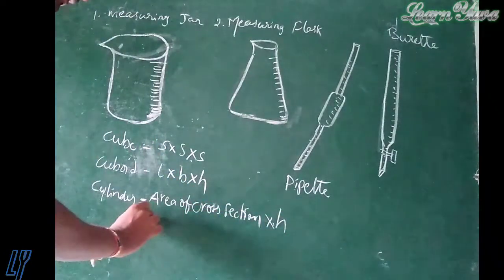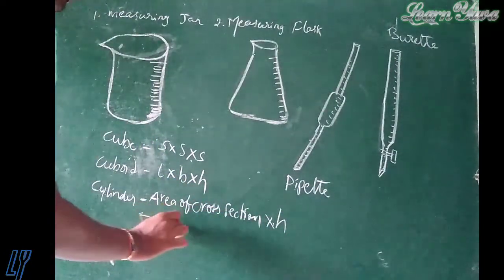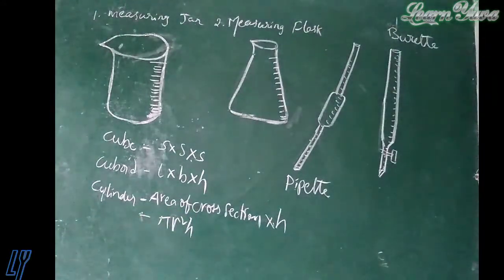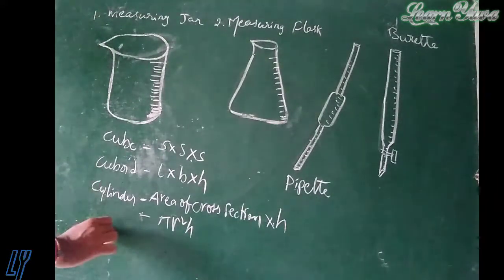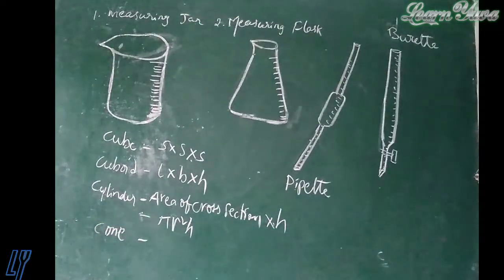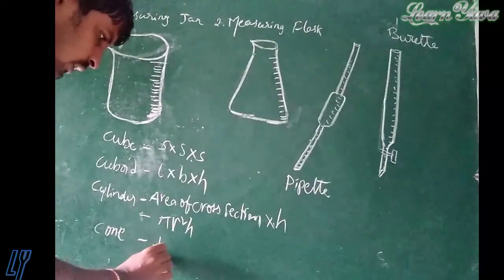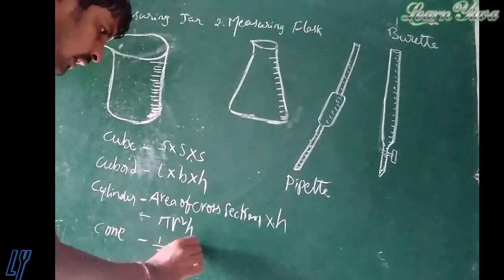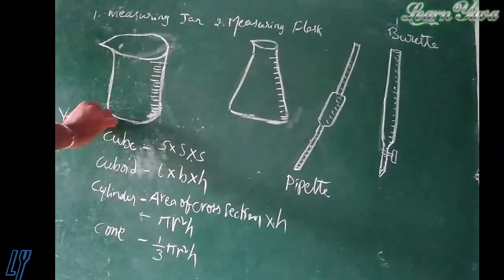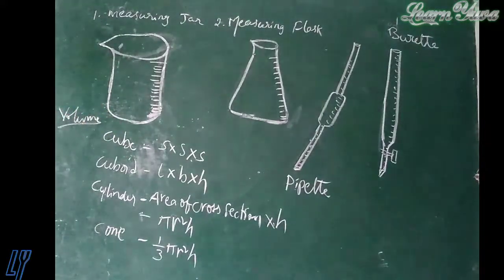We write that as pi r square into h, since pi r square is the area. The volume of a cone is equal to 1/3 pi r square h. So these are the formulas for the volume of cube, cuboid, cylinder and cone.